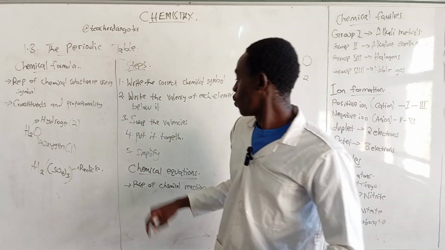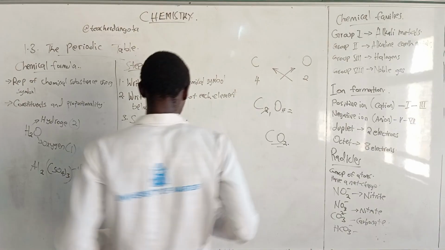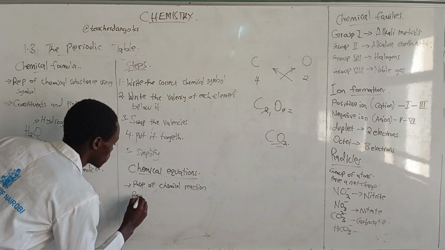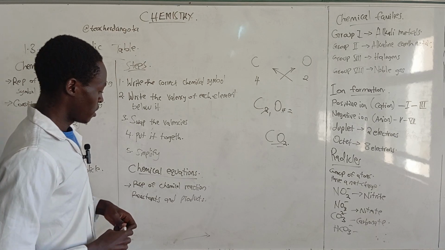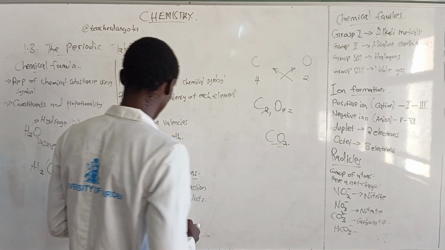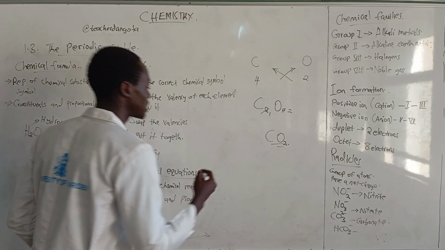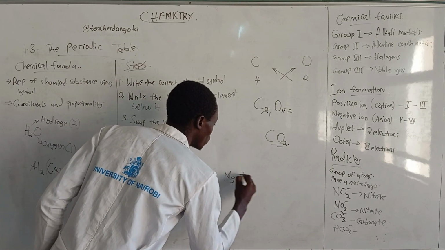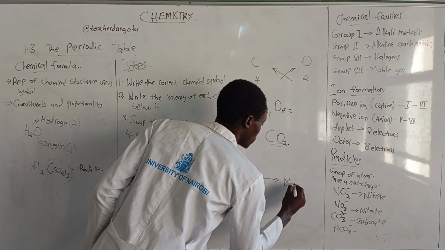And now when you're writing the chemical equation, we will always be having the reactants and the products. Let me just write an example of a chemical reaction. Let's say we are having magnesium reacting with oxygen to give us magnesium oxide.